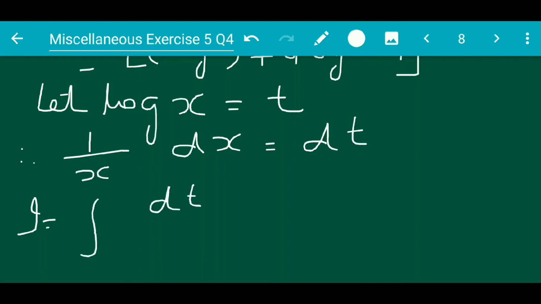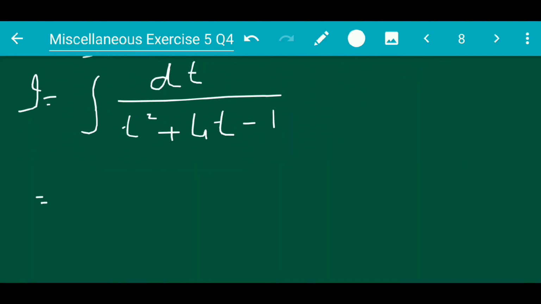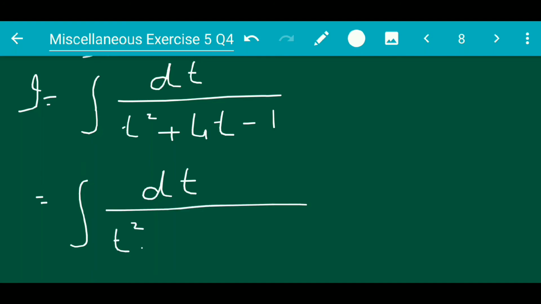Therefore we get I equal to the integral of dt upon, log x is t, so t square plus 4t minus 1. Then upon completing the square, we get dt upon t square plus 4t plus 4 minus 4 minus 1.